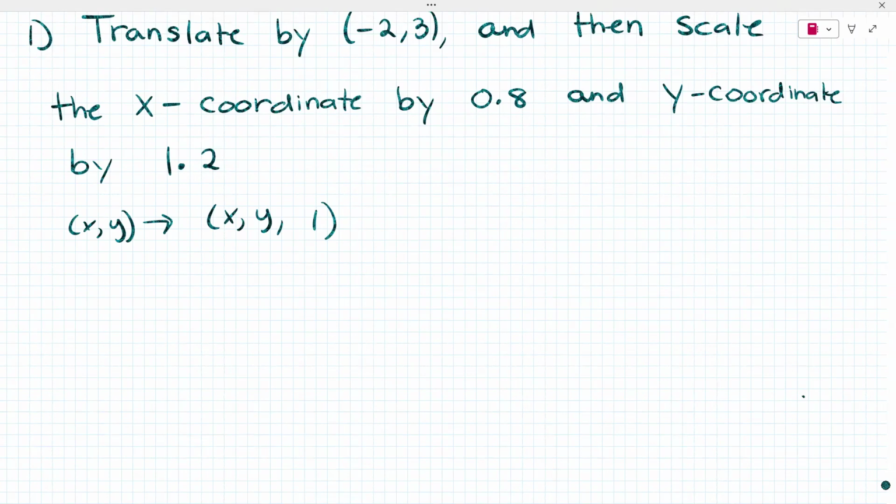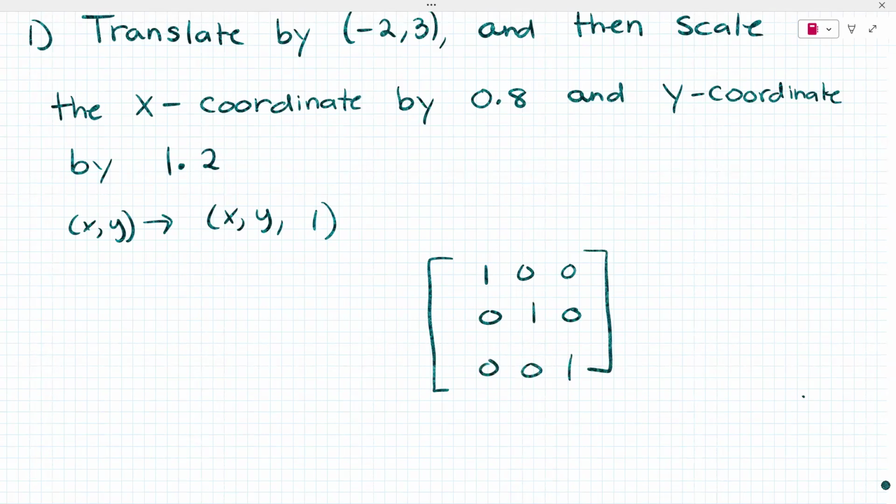So your two matrices, the first would be this. We always start from the right and move our way to the left. So it's going to be 1, 0, 0, 0, 1, 0, 0, 0, 1. This is our first: we're going to translate it, and then we're going to scale it.